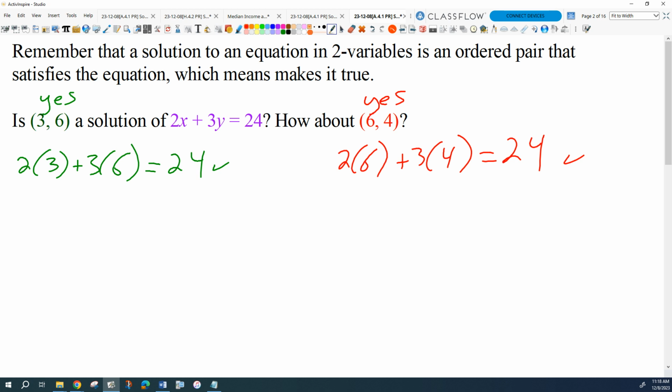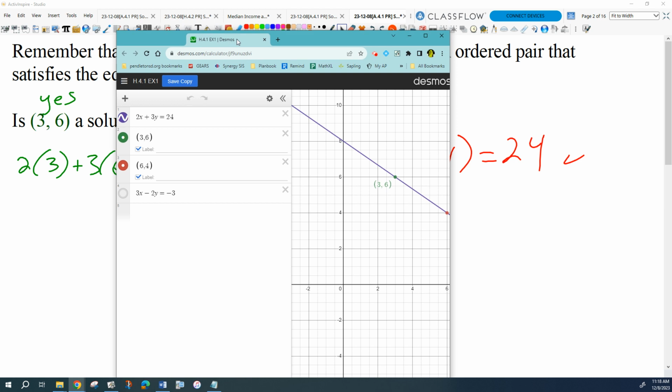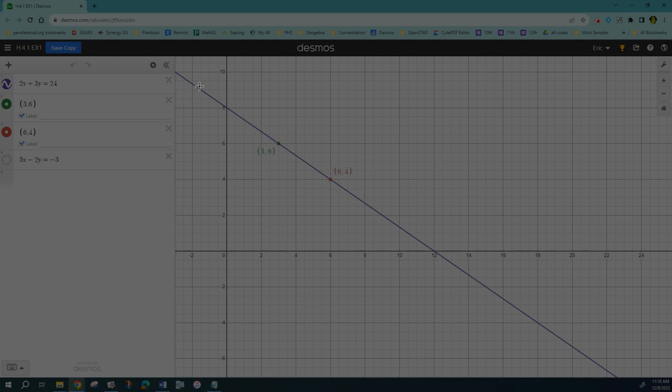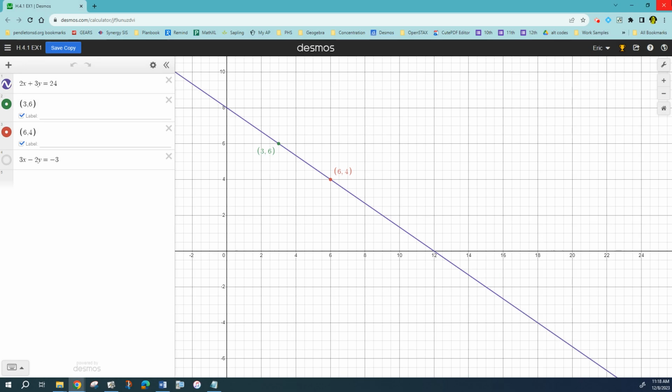If an ordered pair is a solution of a linear equation, then it must correspond to a point on that line. And sure enough, if I graph the purple line and I graph the red and green points, they show up on the line, okay? Let's put this picture in our notes just to remind us.